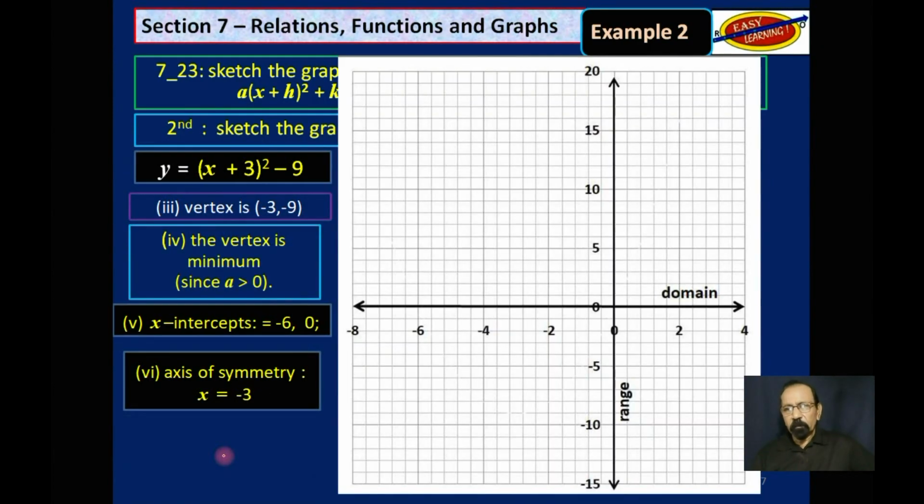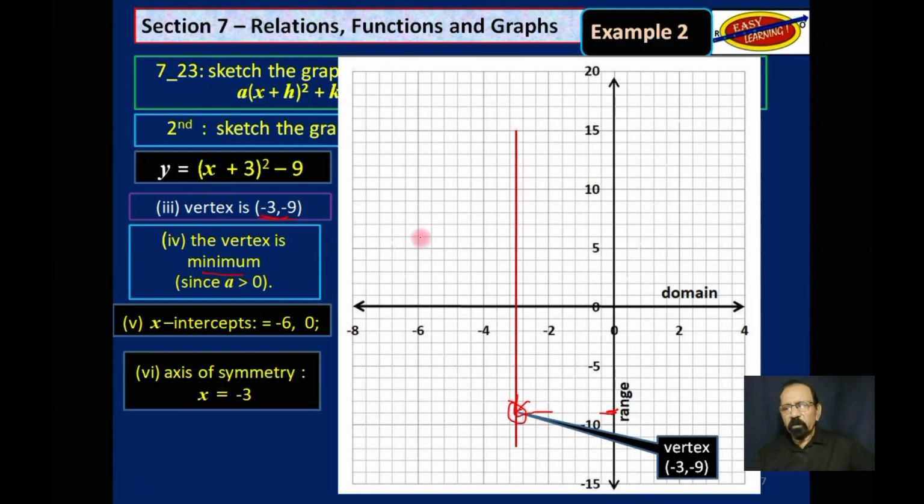So now let's sketch the graph. Again, you may have to adjust these axes based on the data you have here. We know that the vertex is down here, negative 3, negative 9. That's the vertex. We know that this vertex is a minimum, so that would be the lowest point.